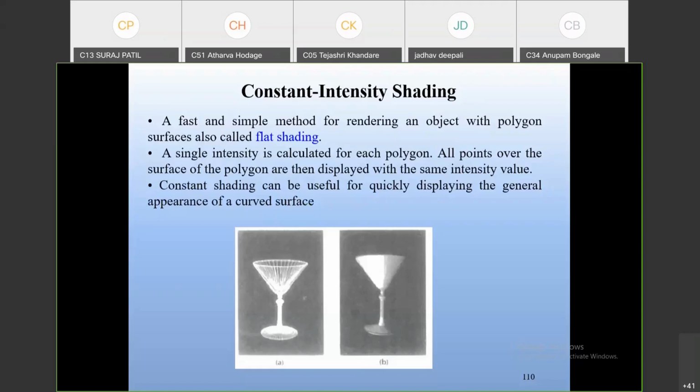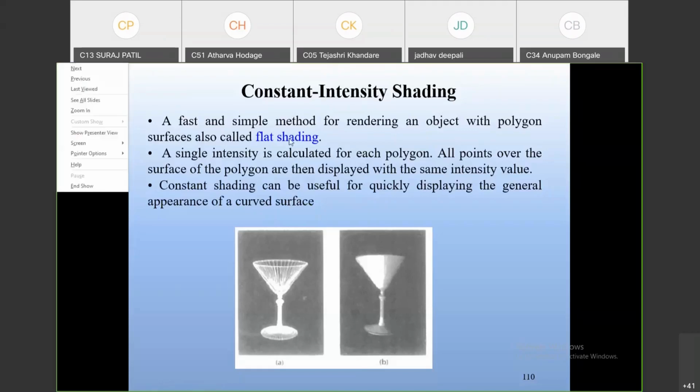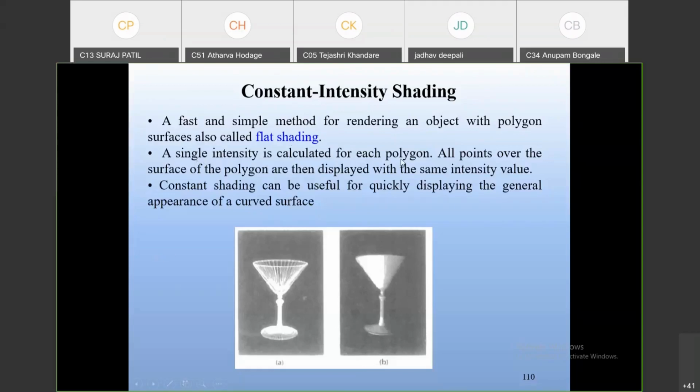So constant intensity shading, the simple method, is flat shading. A single intensity is calculated for each polygon. Okay, for each polygon. For example, here we consider this glass. We created this glass and we are going to render it. All points on the surface of the polygon are then displayed with the same intensity value.